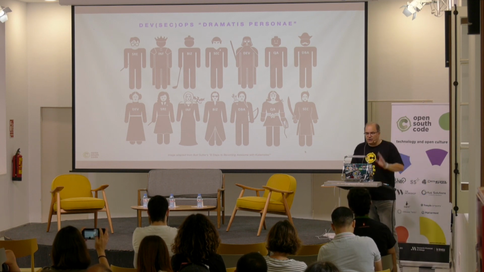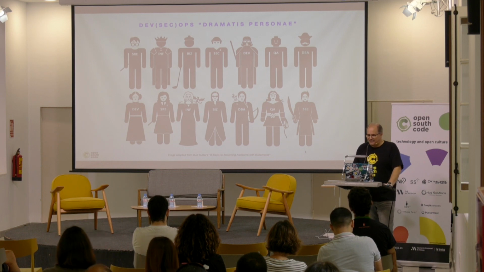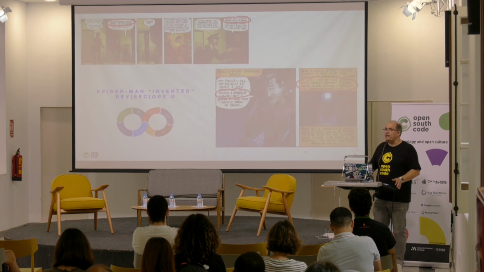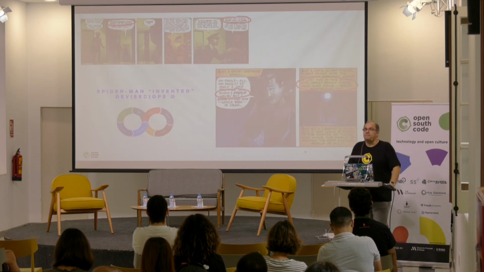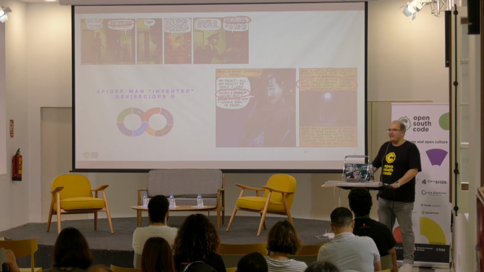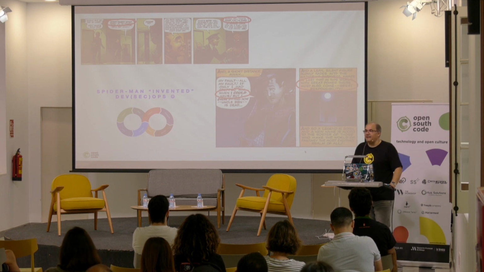And just to finish this short introduction, I'm really a fan of comics, especially Marvel Comics, okay? I don't want to start any framework wars, but really, DevOps or DevSecOps was invented by Spider-Man. In the first issue of Spider-Man, Uncle Ben dies because Spider-Man did not stop the burglar.